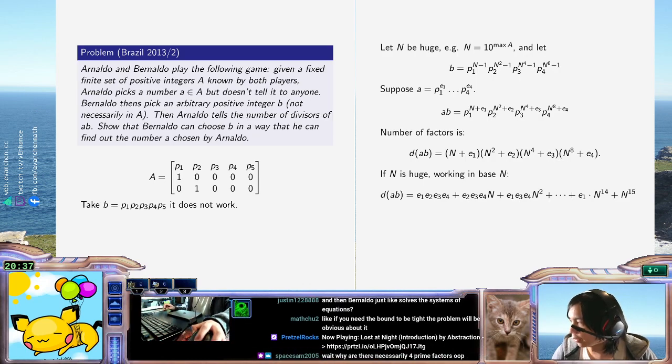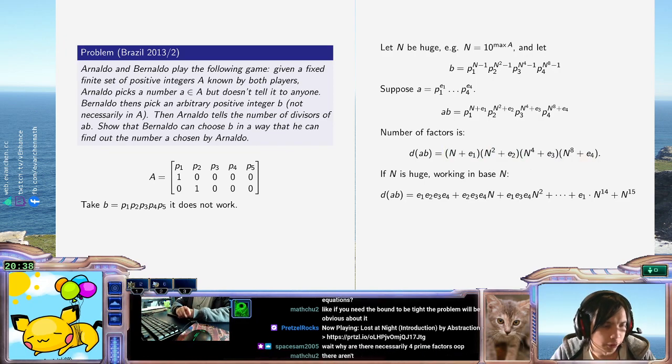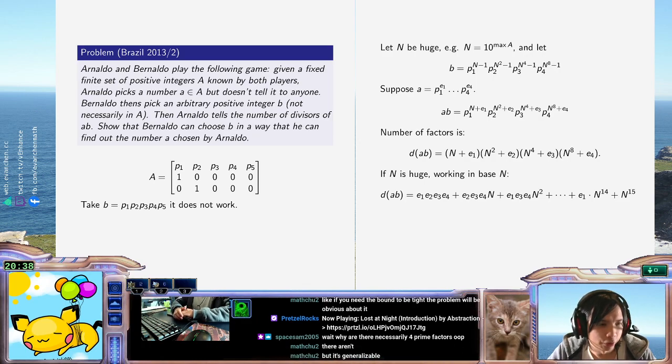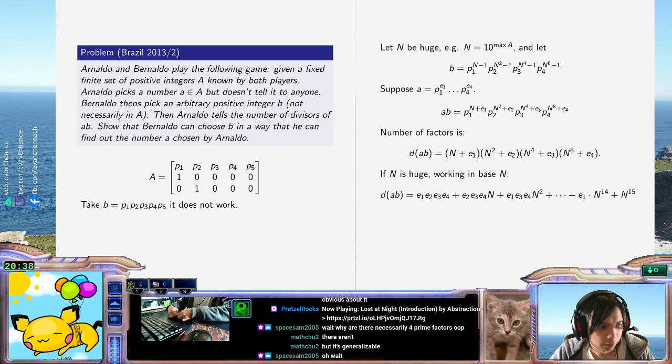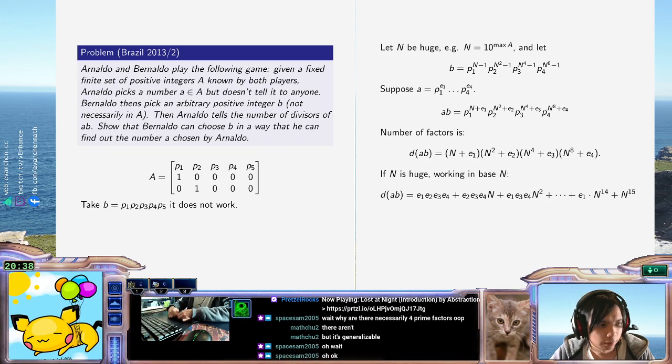But you don't even need to say, for example, if you want the value of e3, you look at the coefficient of n to the 11. No, the 4 is just for demonstration purposes. It's easier for me to write out this example. You would do the same in general with k. The 4 is just for concreteness. You can change 4 to k if you want.